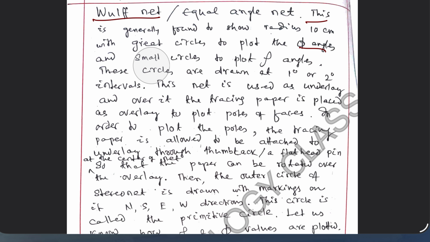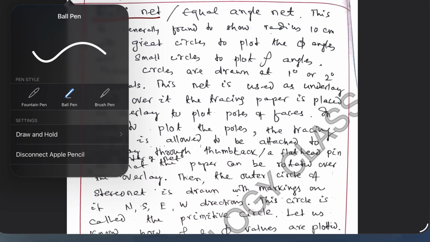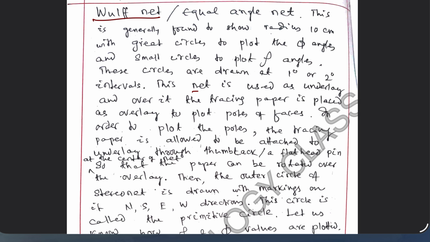So the net is used as the underlay, and over it the tracing paper is placed as the overlay to plot the poles of the faces.